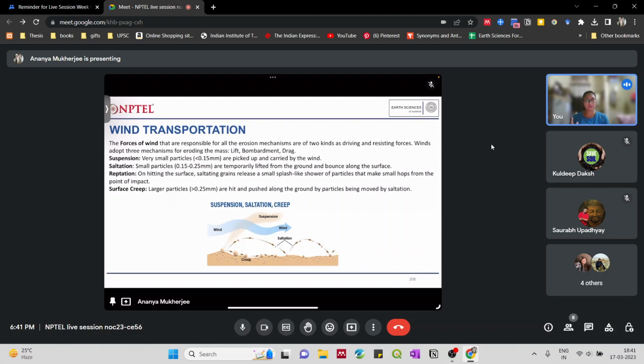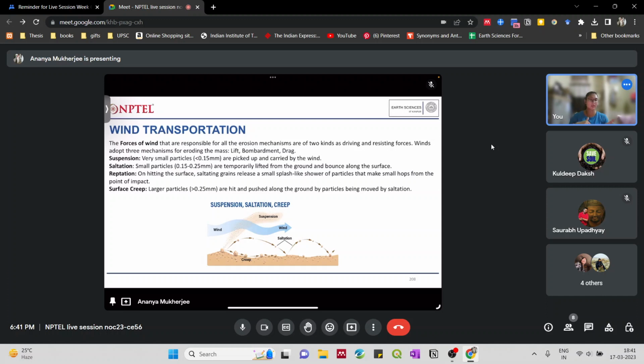Let's look at what winds do when they are blowing over a surface, once they are either laden with sediments or not. They will either lift the sediments and blow over, or there is going to be bombardment: one sediment being carried by the wind strikes another surface, and because of that newer sediments are splashed out of that area or broken apart, and these sediments are also carried forward.